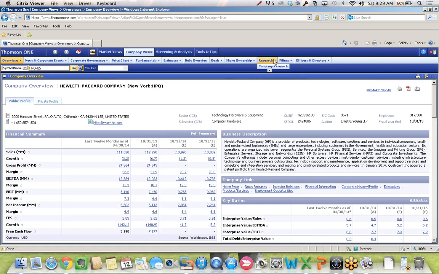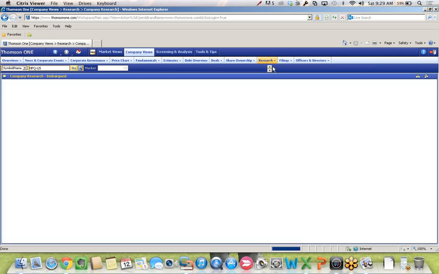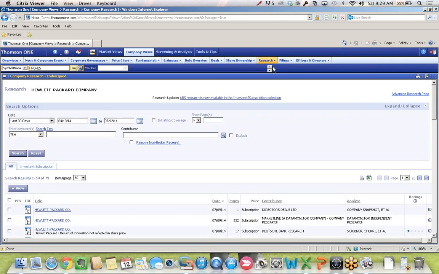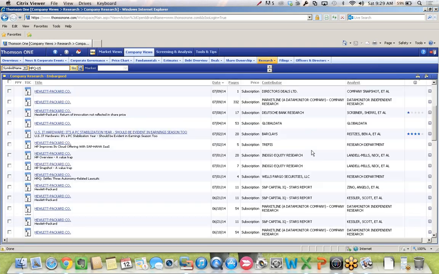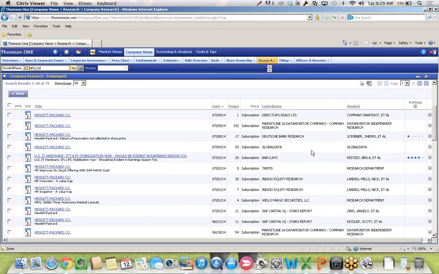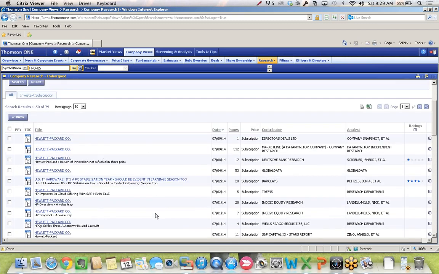Then, depending on the size of your screen, there might be a more options menu, and there's basically a research tab. If you click on research, company research, this will show you the analyst reports available on Thomson One.